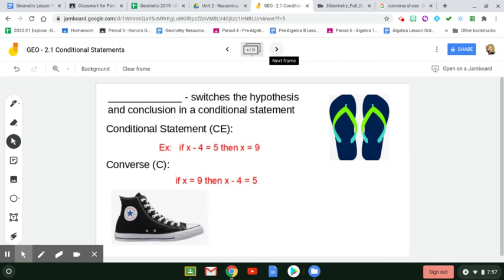And this is all from sound logical reasoning. So we're going to be learning some new vocabulary. So here's one of them. A part of a conditional statement that switches the hypothesis and the conclusion in a conditional statement is called the converse.